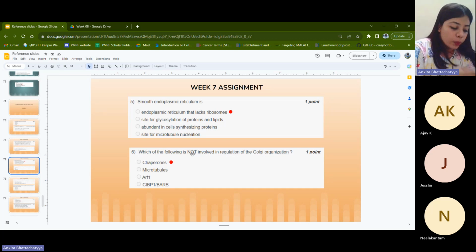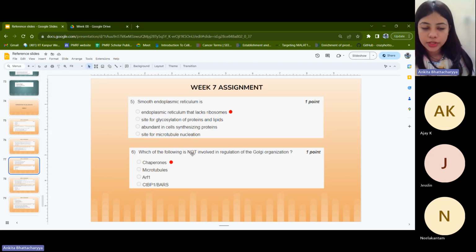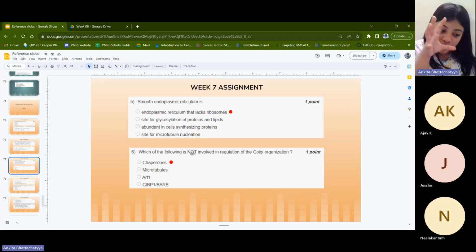Most of the time, a ribosome on the surface brings the mRNA, and that mRNA gets translated into the protein. Only then is that protein able to undergo glycosylation, or lipid glycosylation, whatever the case might be. So that function is also taken care of by the RER.